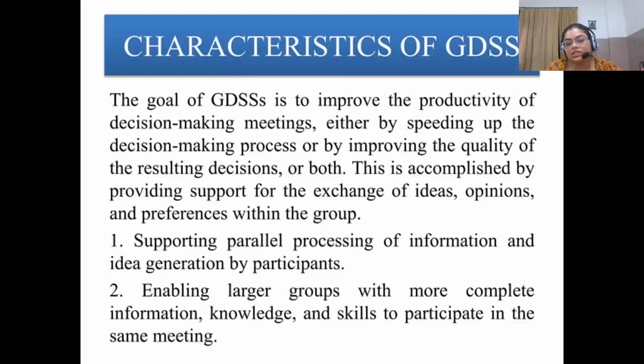So the goal of GDSS is that it enhances the productivity of decision making. It speeds up the decision-making process, improves the quality of resulting decisions, and also supports the exchange of ideas, opinions, and preferences within the group. Basically, it works with a group of decision makers.